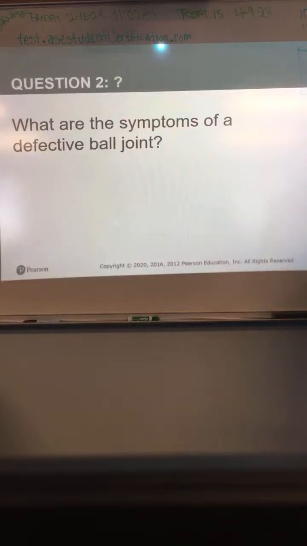Excessive play. Where are we at? 1424. I found that on the page before. Symptoms of a defective ball joint.